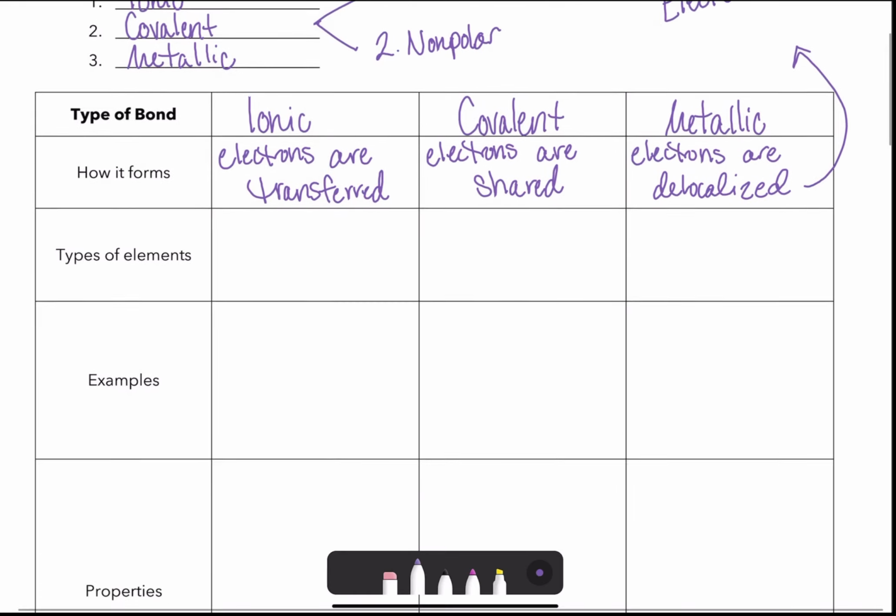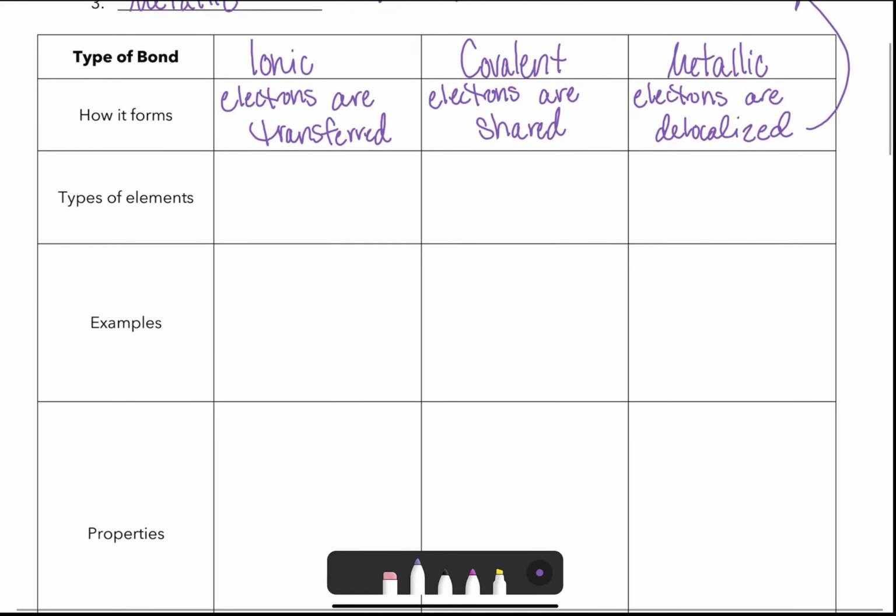The type of element in that bond will tell us a lot about it. An ionic bond always forms between metals and non-metals. And if you remember, metals always form cations and non-metals form anions. So when we have an ionic bond, we're dealing with ions.